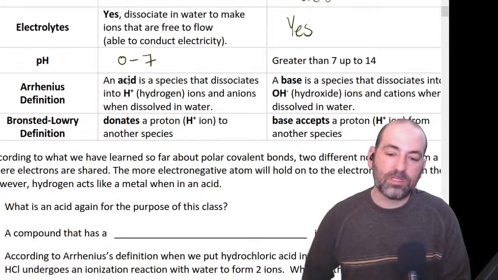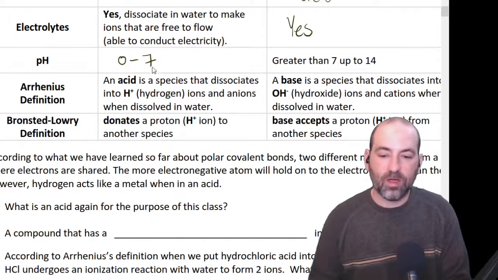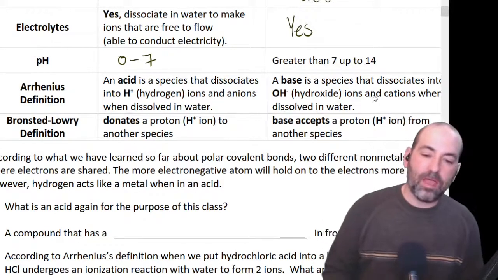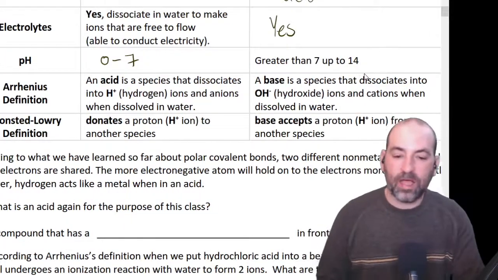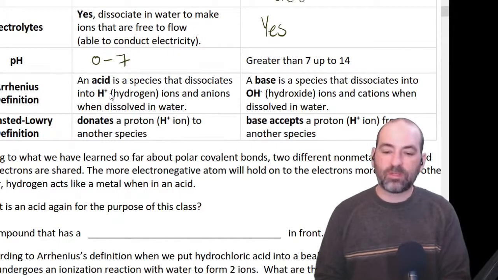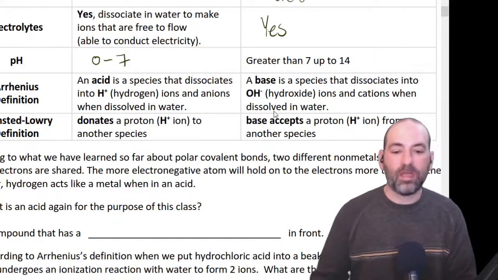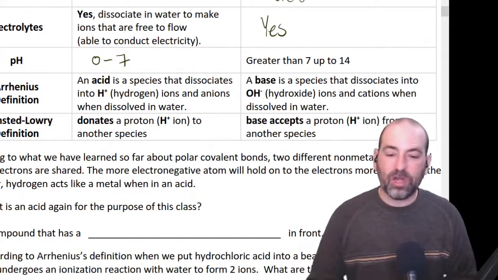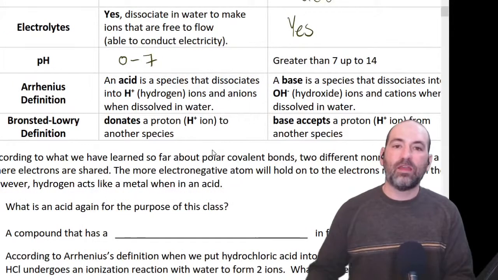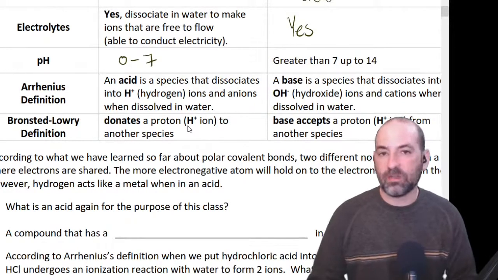The Arrhenius definition is that any substance that dissociates, so breaks apart into hydrogen ions and anions when dissolved in water, is an acid, and a base dissociates or forms hydroxide ions in water. That's specific to making hydrogen ions for an acid and making hydroxide ions for a base. And then a slightly more general definition is that an acid is something that can get rid of or donate a proton to another species, another chemical.